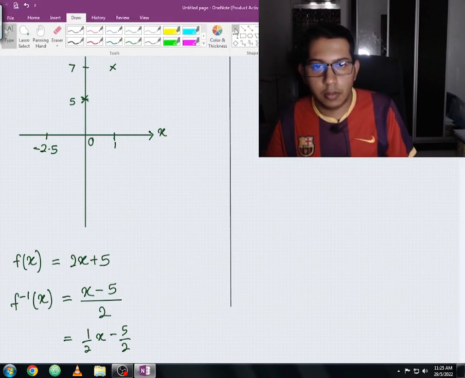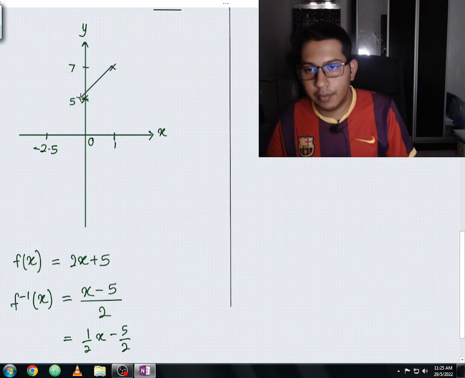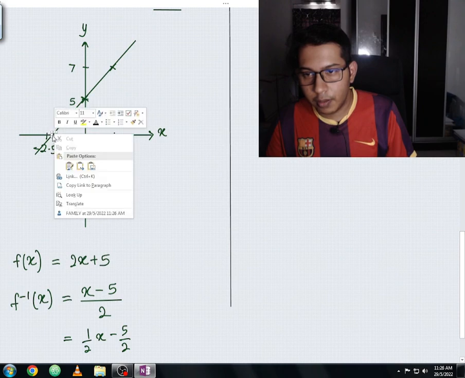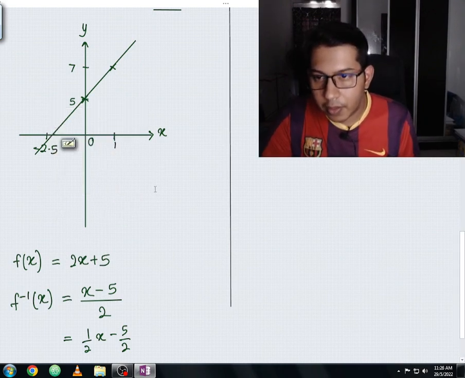So let me just sketch the graph. The 2.5 I just move it over here.